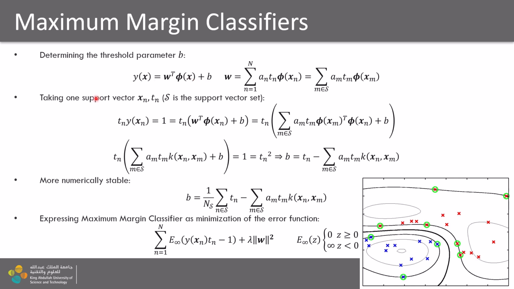We can see that for any support vector, the following formula holds: tn times y(xn) is equal to 1. That was the definition for a support vector. And here we can formulate that y(xn) is equal to the parametric formulation with the weights. However, we replace these weights by our vector a entries according to this definition.